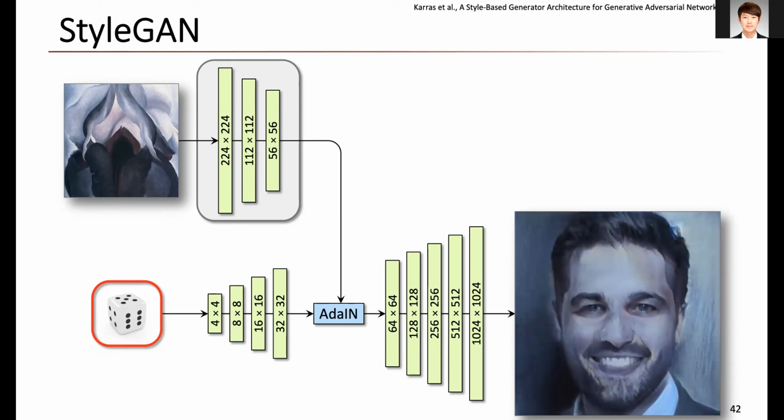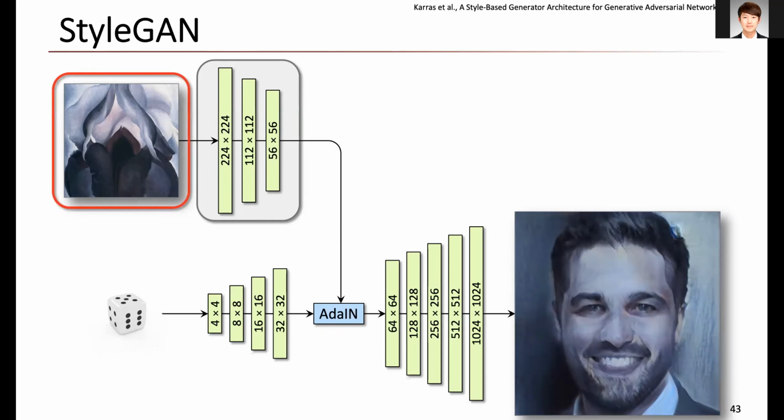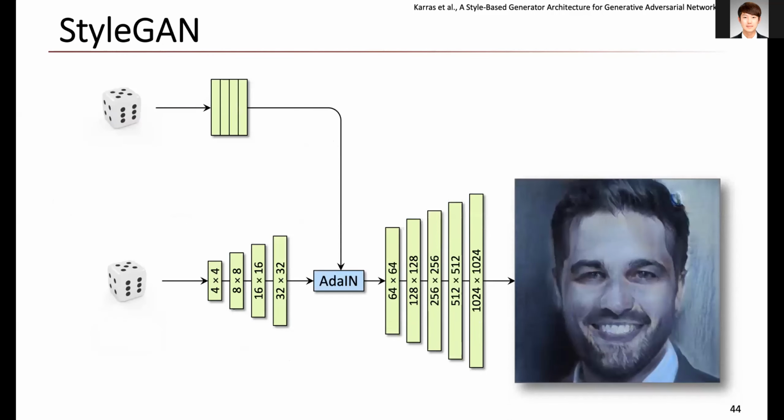They follow these style images because there is AdaIN here. One more thing is that every time we want to generate an image, we can't use external style images, right? So they want to sample the styles from another style noise.